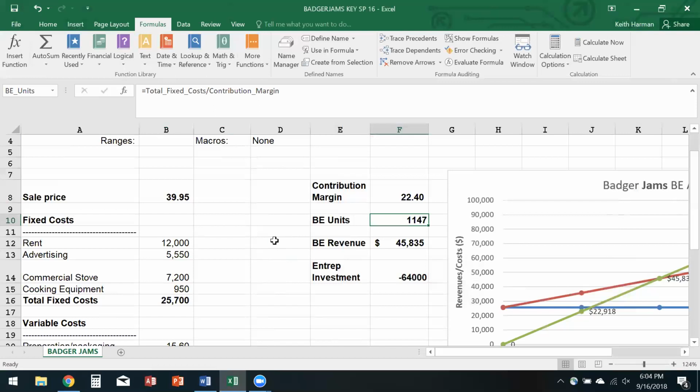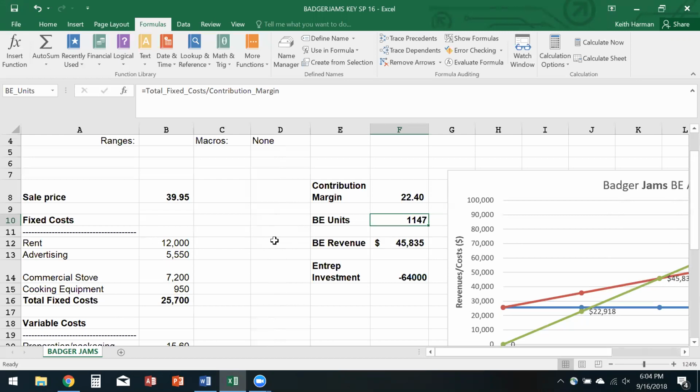If our total fixed costs are $10,000 and my contribution margin per sale is $2, I've got to sell 5,000 units to cover those fixed costs.